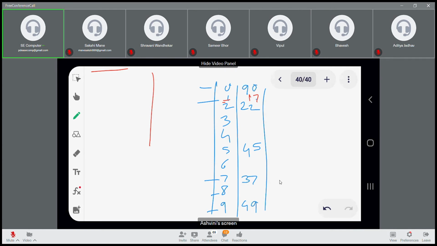Should I go ahead or should I explain the double hashing again? Is there any problem with double hashing? Just repeat in short, ma'am.